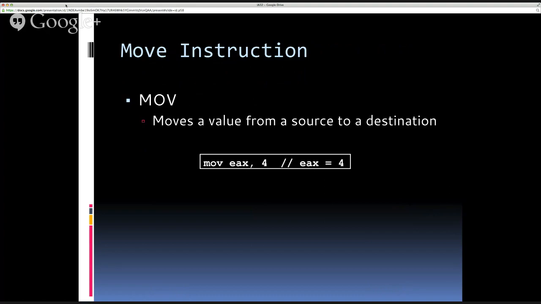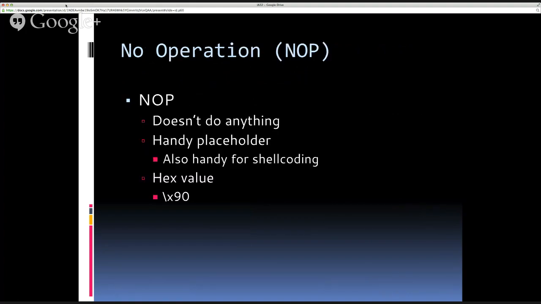But this is just to give you an introduction to the most common ones that you're going to see all the time. The first one is the move instruction. As the name implies, it's simply assigning a value. In this case, it's moving 4 to EAX.